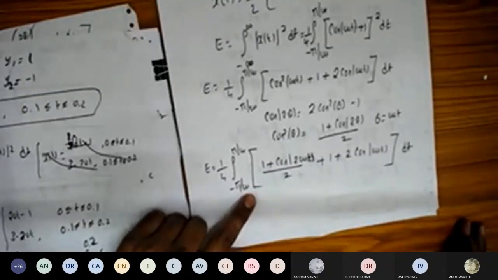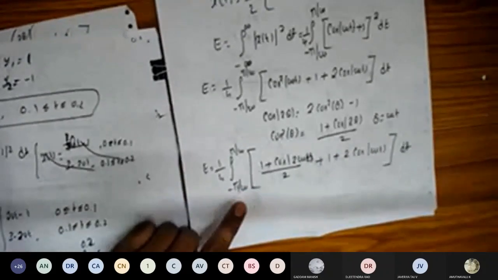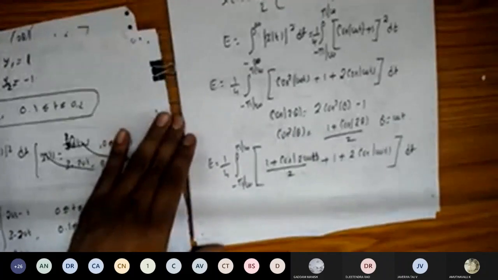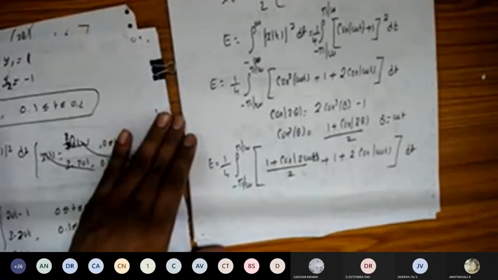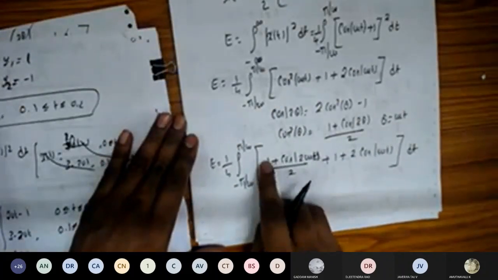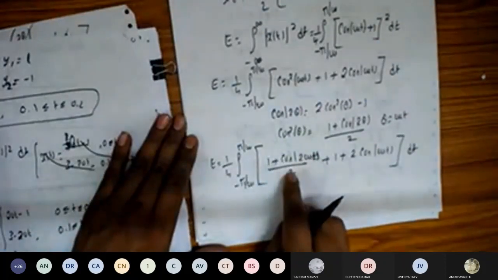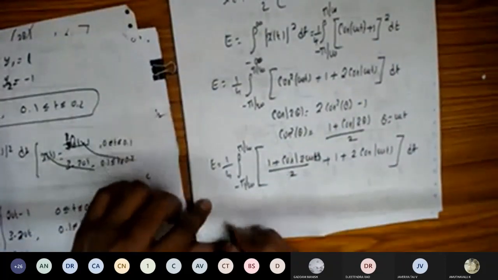Done, right? Okay, fine. Now let us integrate here. So 1 by 2 is there, cos 2 omega t by 2, 1, all those things are there. I'm going to integrate in the next page.